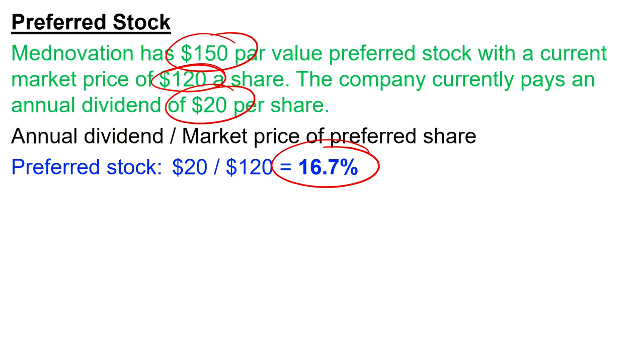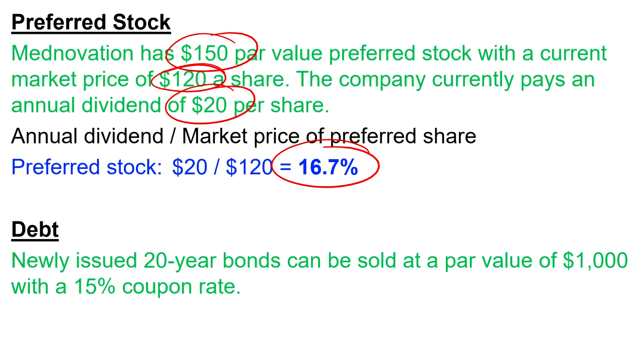Now we need to keep going. There were 3 of these. The third is the debt. The information is newly issued 20-year bonds can be sold at a par value of $1,000 with a 15% coupon rate. Well, we know that the interest on the debt is tax deductible. And so the cost of the debt to the company is going to be that pre-tax cost minus the effective taxes.